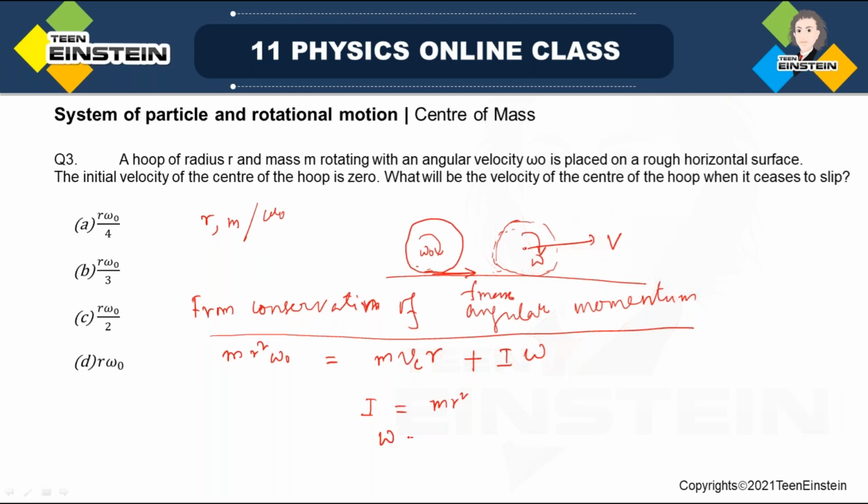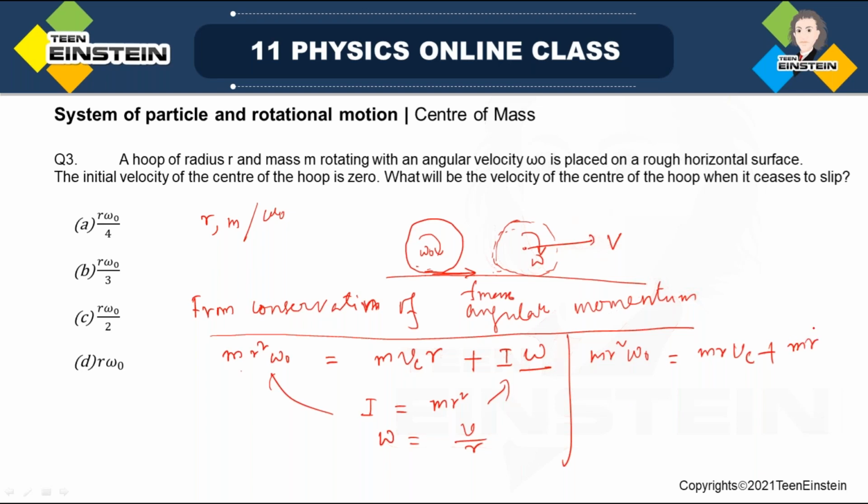And what is this omega? We can write v by R. If we plug this here, then we'll see what we get. m r square omega naught equals m v c r plus I omega.